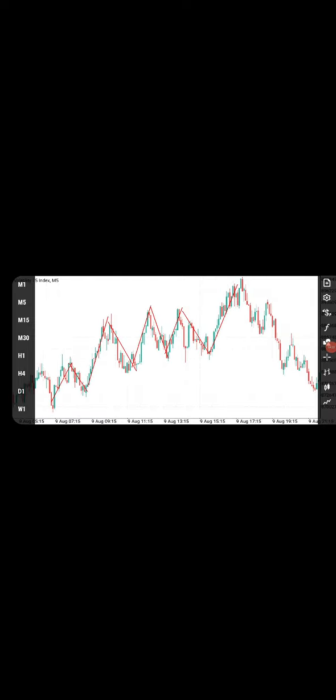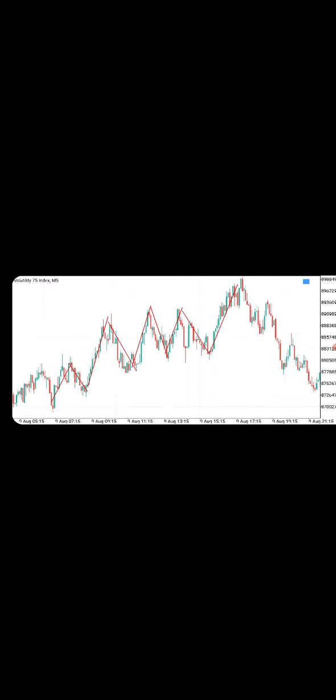So whenever we see the market making this formation of a higher high, higher low, higher high, higher low, then we have our structural point. Our structural points are very clear in such a scenario. This is a structural point.